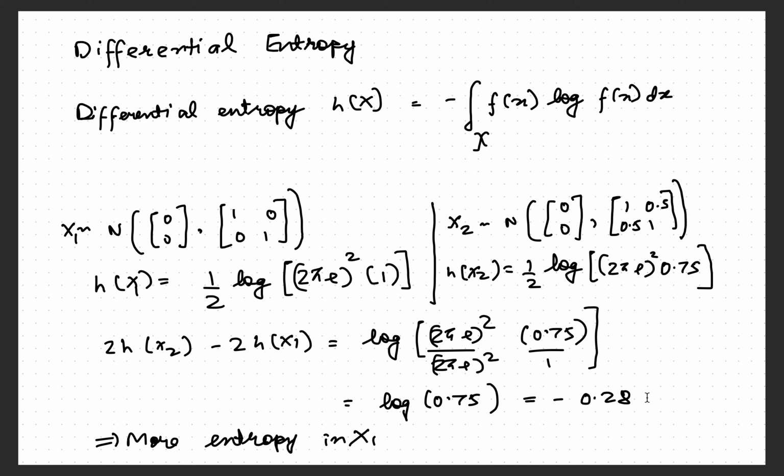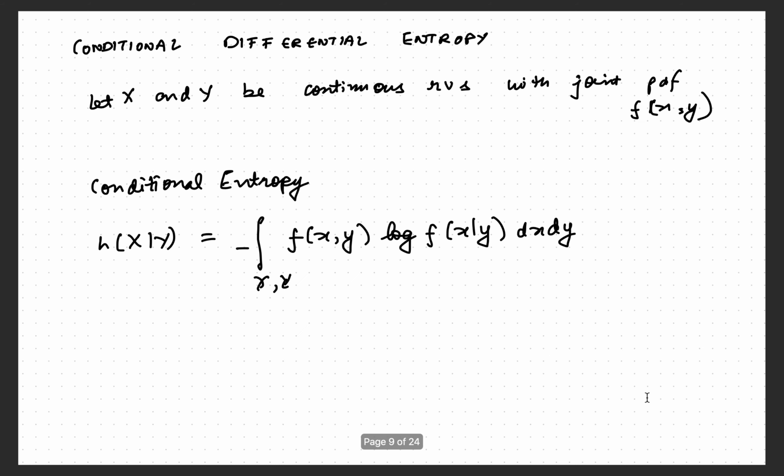Now we have talked about conditional entropy for the discrete random variable case. The definition for the continuous random variable case is fairly similar. So we say that let x and y be continuous random variables with a joint PDF of f(x, y).